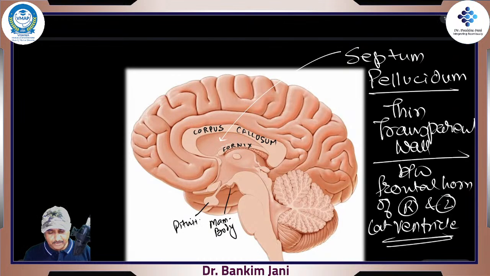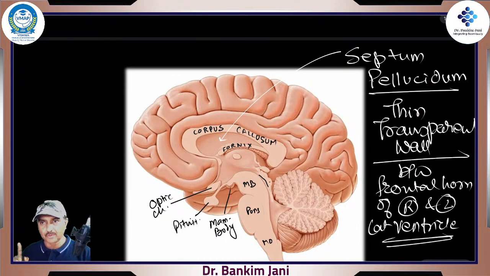And if it is the pituitary, then over here this is the optic chiasma. And then this is the midbrain. This one is the pons, this one is the medulla oblongata. Behind the midbrain is the quadrigeminal plate, then the superior colliculus, inferior colliculus, and in between the cerebral aqueduct of Sylvius, right? So things will become easier and easier as we keep moving.